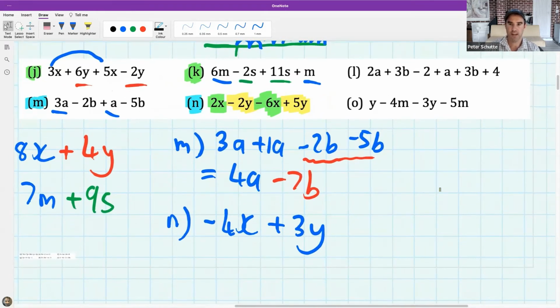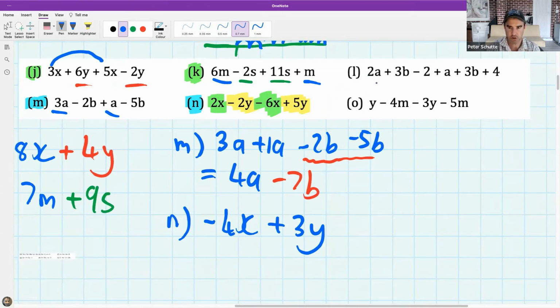So in this question, what I want you to do is the following, guys. Follow these instructions exactly. Go through and mark which ones are like terms. So for L, put a little mark or a block or whatever you want around the ones that you think go together.